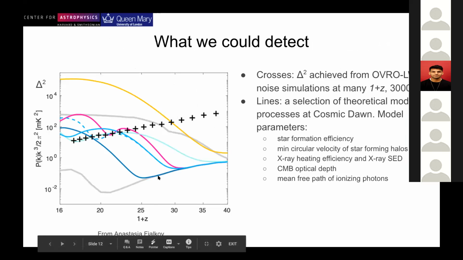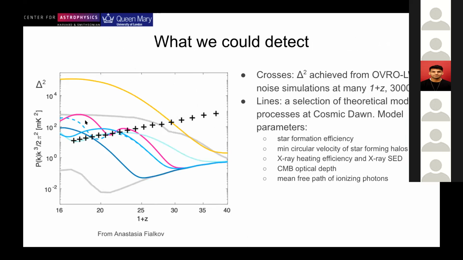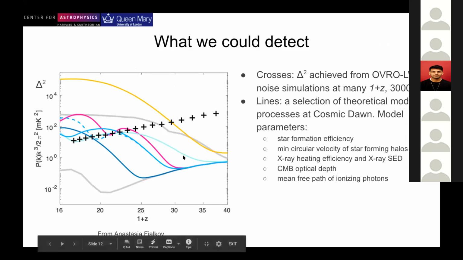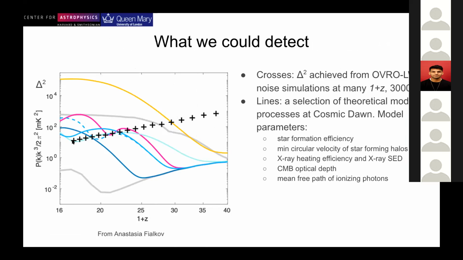Anastasia has provided us with plots of models of the signal with delta squared on the y-axis, 1 plus z on the x-axis, and the crosses are the noise level that we can get with 3,000 hours in coherent integration.